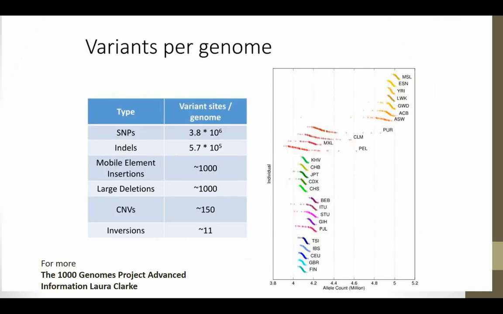This is a very nice picture, showing the different ethnic groups. This is the number of allele counts, in millions. And you clearly see 2 populations. This is us, very much down the hill. And this is the Africans, who have a huge amount of variants, because this is the source.